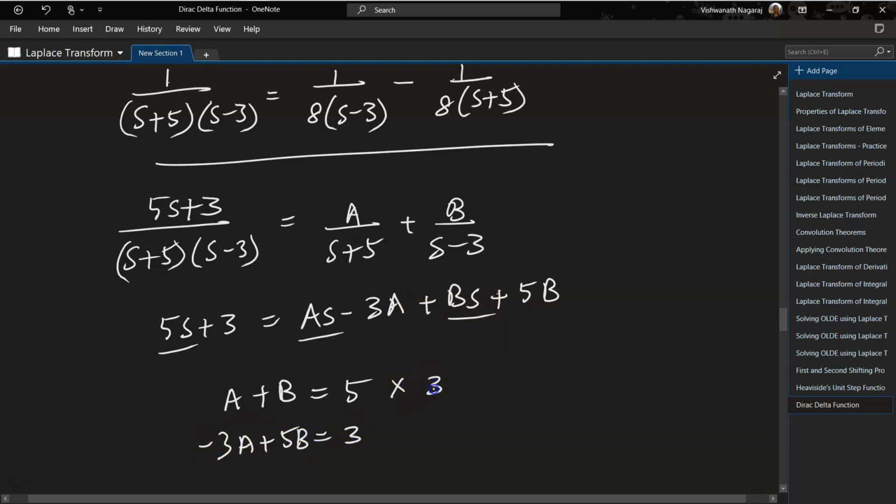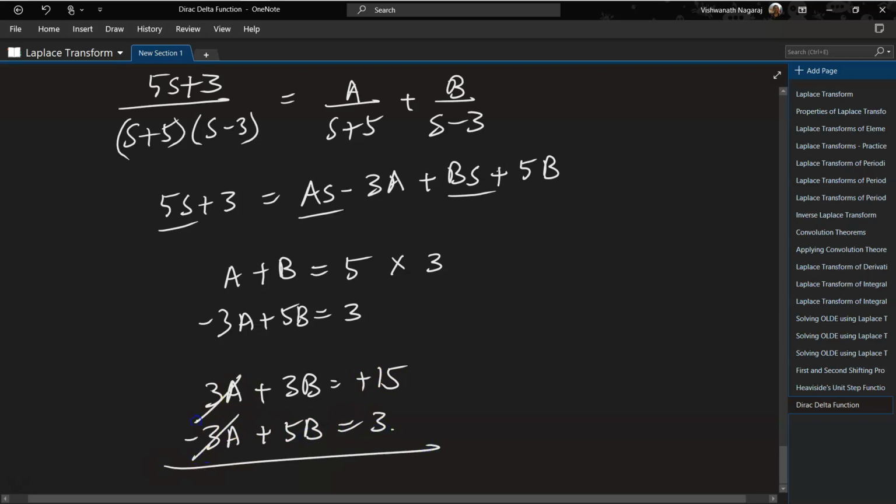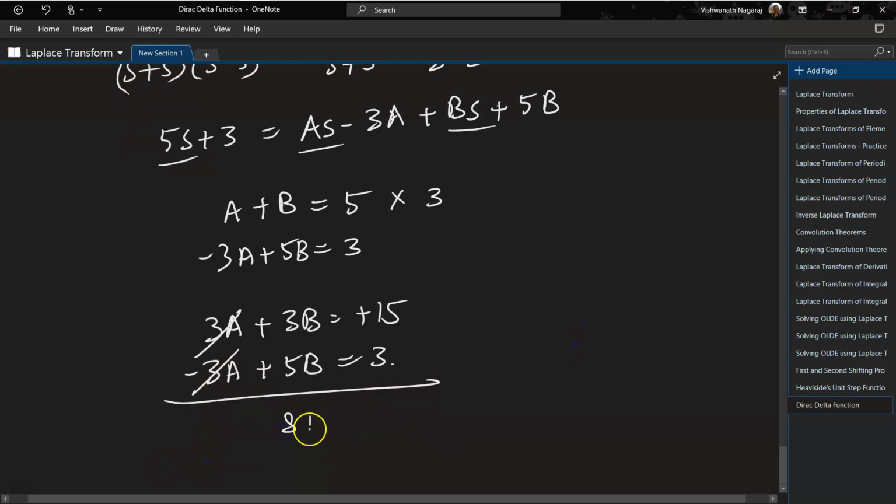Let's multiply the first equation by 3. We get 3A + 3B = 15, and −3A + 5B = 3. These two cancel out, and we are left with 8B = 18, or B = 18/8, which is 9/4.